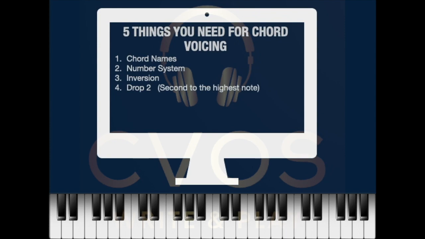That means you are eliminating it, you are removing it. Then if you have the first inversion, which is the 3, 5, 1, the 5 will be your drop 2. To make it sound different again, if you have the 5, 1, 3, the 1 will be your drop 2. And honestly, you're going to sound different.